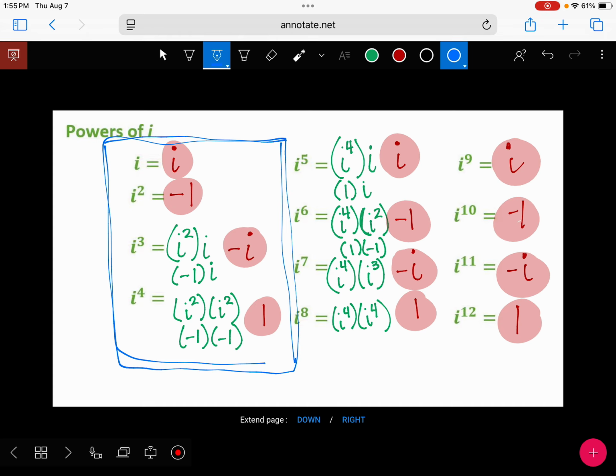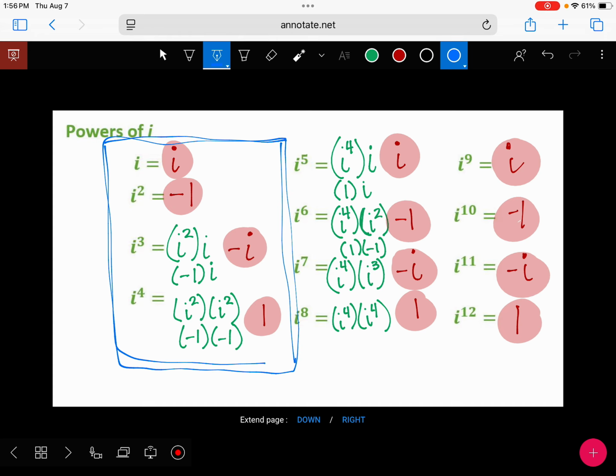All right, this is important. The reason why I did that, and of course I could keep going, is that anytime you get i to any one of these powers, you need to know that the answer will be 1, because these are all factors of 4. And remember, every time we hit a factor of 4, the answer is 1.